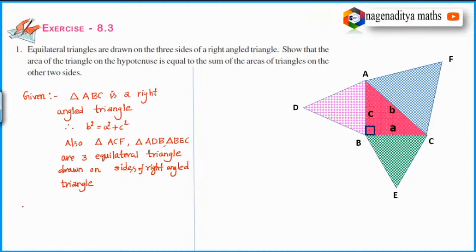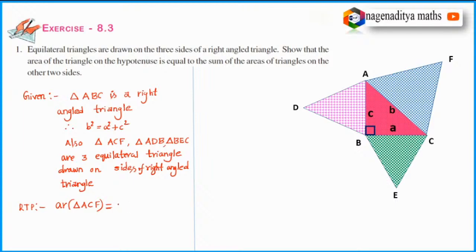So what we have to prove? RTP: the area of the triangle drawn on the hypotenuse is equal to the sum of the areas of the triangles drawn on the remaining sides of the right angle triangle.